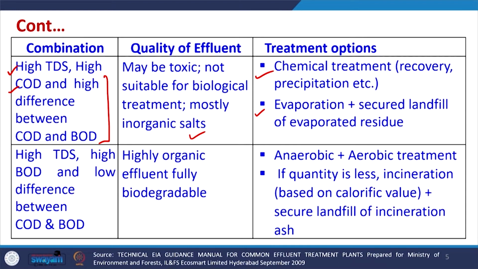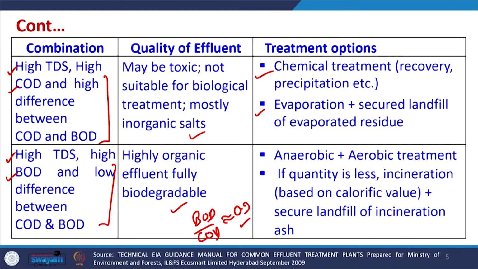Similarly, if the wastewater has high TDS, high BOD, but only a low difference between COD and BOD, that means the COD is highly biodegradable in nature. If the BOD to COD ratio is near 1 or around 0.9, we have a very high biodegradable content in the water.